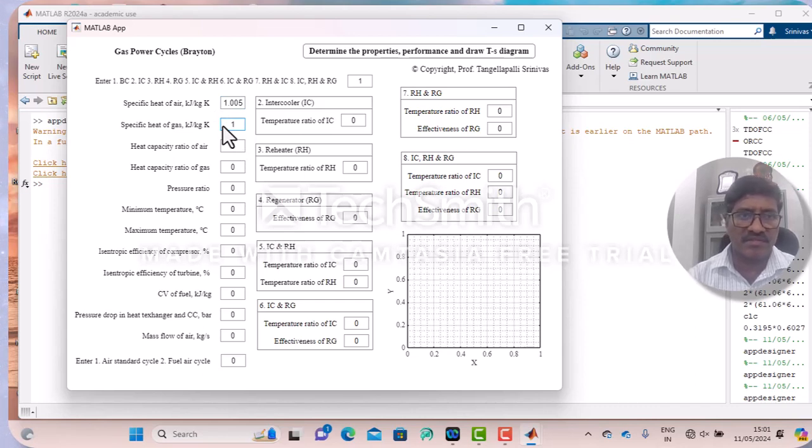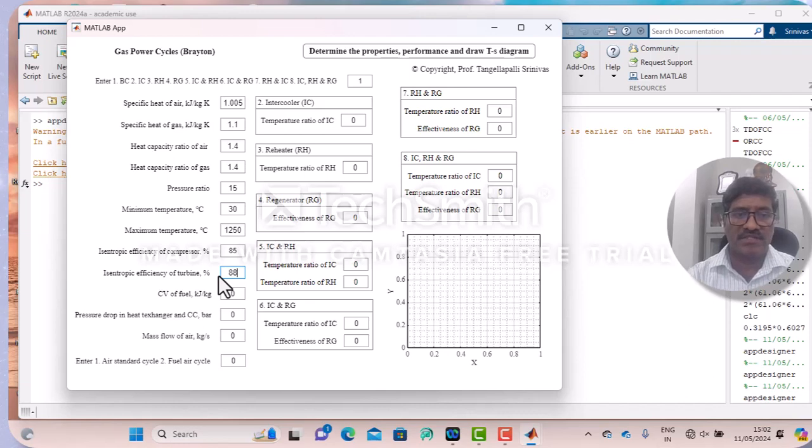Similarly, specific heat of gas is selected as 1.1 kilojoules per kg Kelvin, and heat capacity ratio of air is 1.4, and for gas it has also been approximately assumed as 1.4, and the selected pressure ratio for the compressor is 15, and minimum temperature in the Brayton cycle is 30 degrees centigrade, and maximum temperature, that's the turbine inlet temperature, is 1250 degrees centigrade.